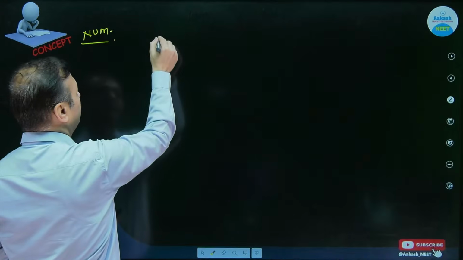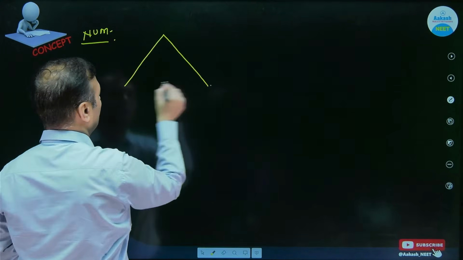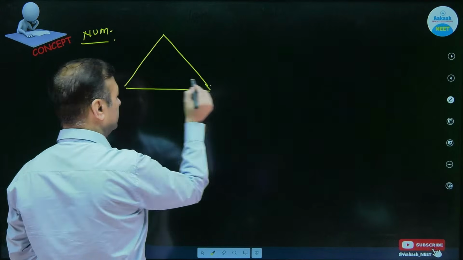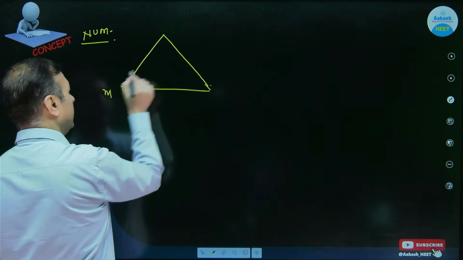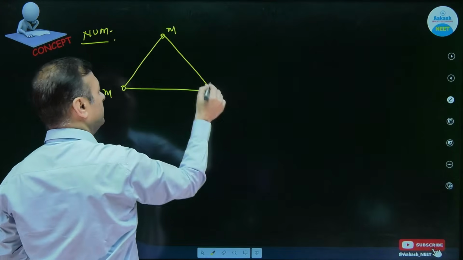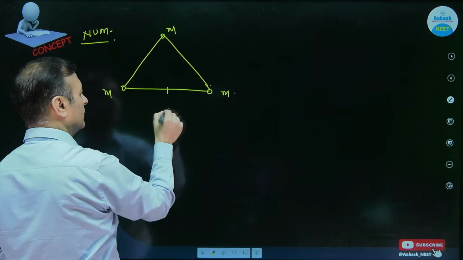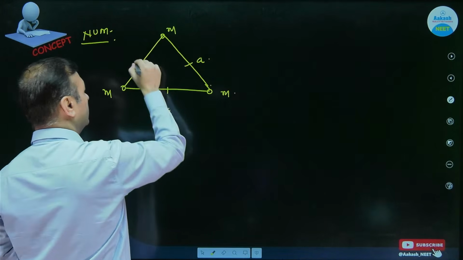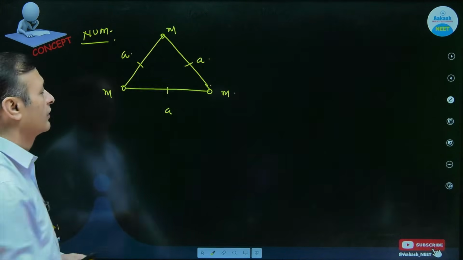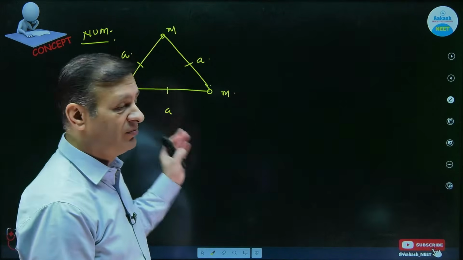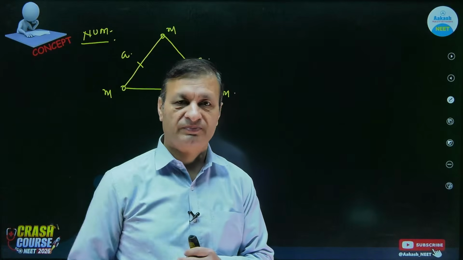Let's suppose we have an equilateral triangle and 3 masses m, m, m, and this is A, this is A, this is A. Got it? So now we have to define the center of mass of this configuration.